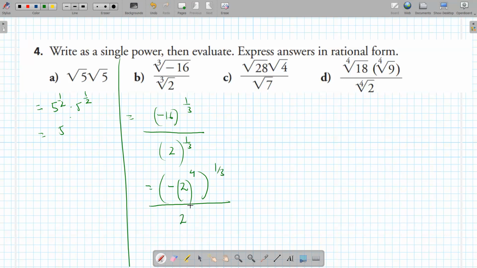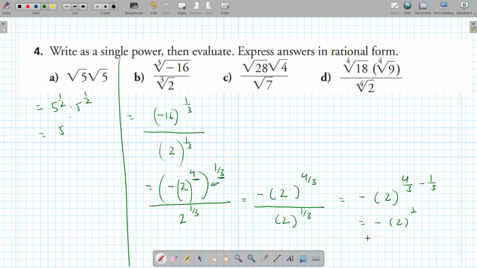And then you have 2 to the power of 1 over 3. On the top, open this bracket, so you do 4 times 1 over 3. So on the top, you get negative 2 to the power of 4 over 3. On the bottom, you get 2 to the power of 1 over 3. This becomes negative 2 to the power of 4 over 3 minus 1 over 3, which is negative 2 to the power of 3 over 3, which is 1. So the final answer is negative 2.